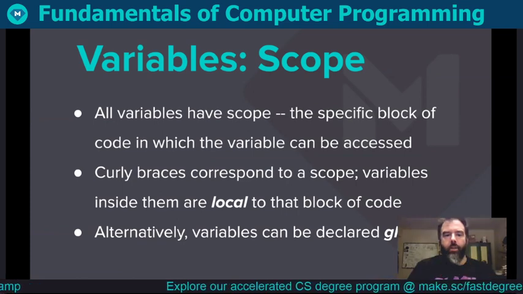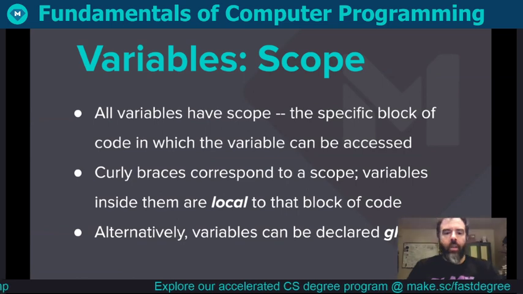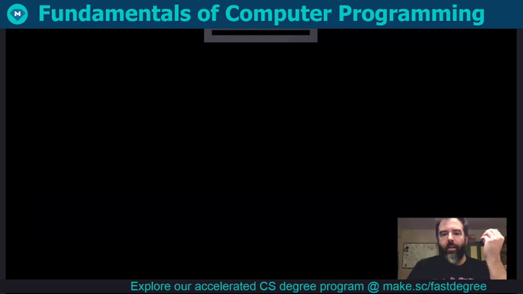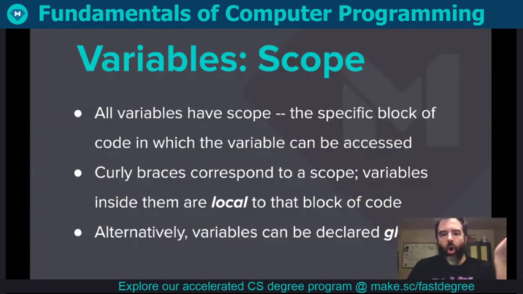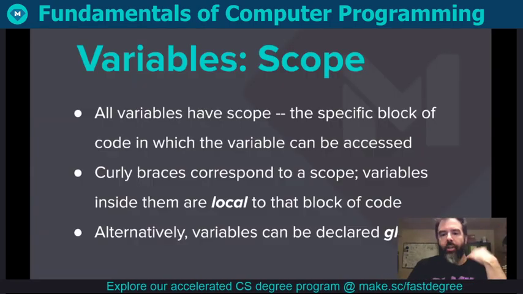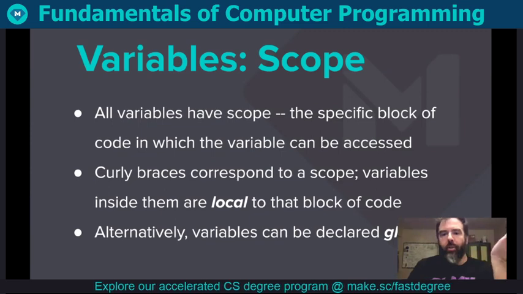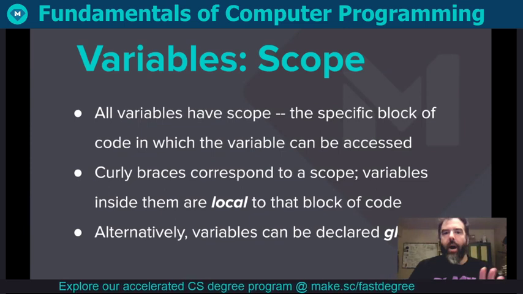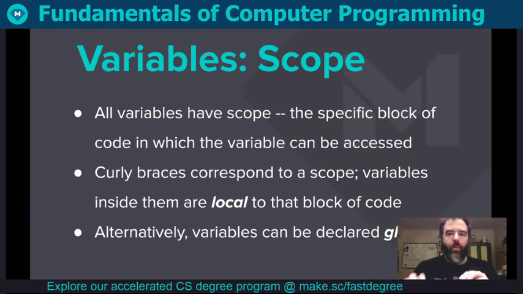When you get to loops, variables tend to have scope issues with loops. When you get to functions, variables will have scope that depends on that function. So just keep this in mind. This is not something we care about yet, but this is something we're going to care about a lot.